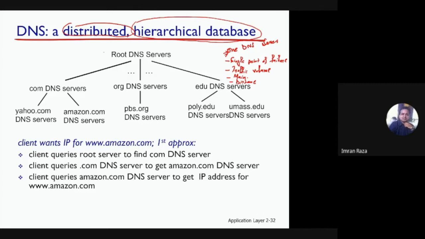We have the root DNS servers, then we have top level domain (TLD) DNS servers, and we have authoritative DNS servers, right?